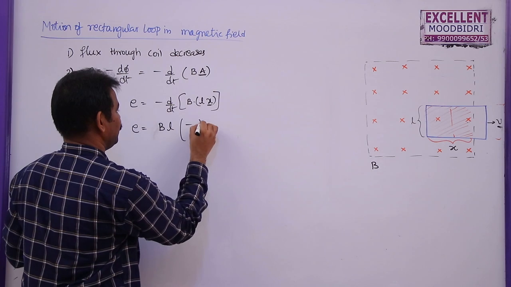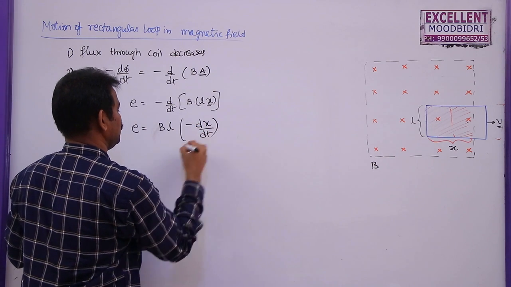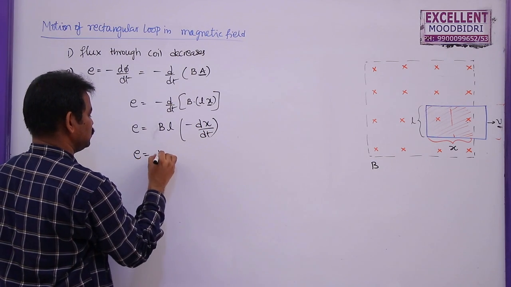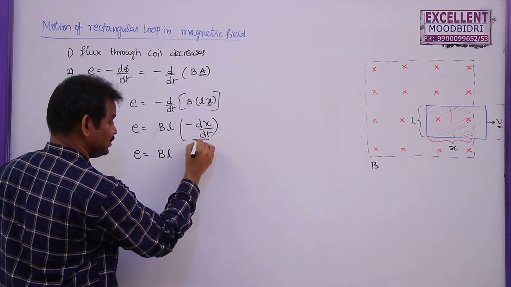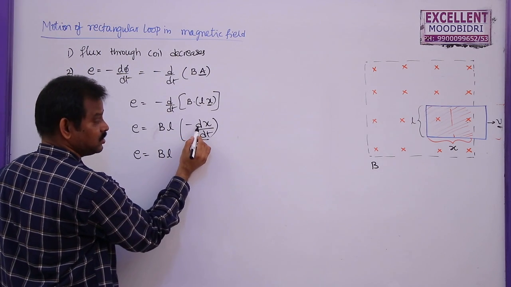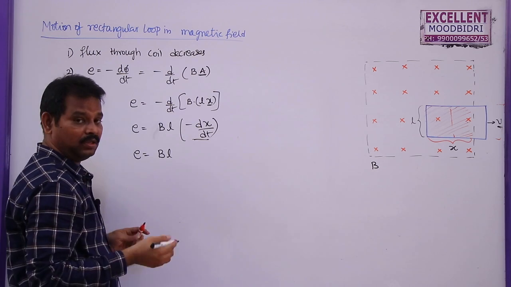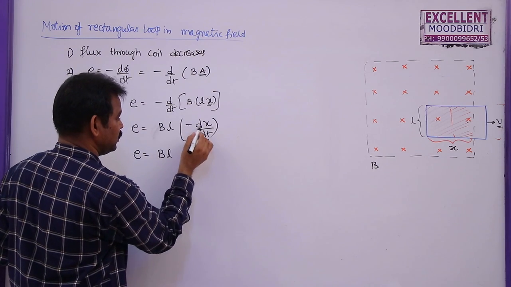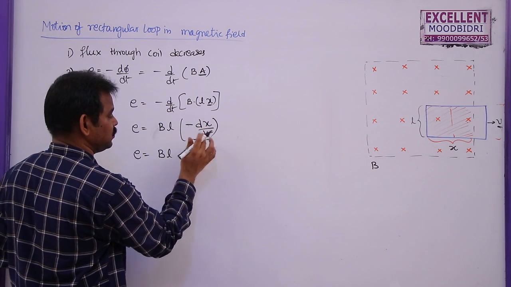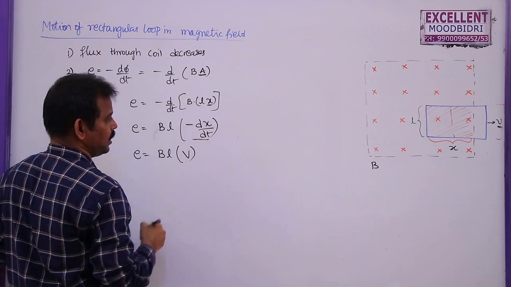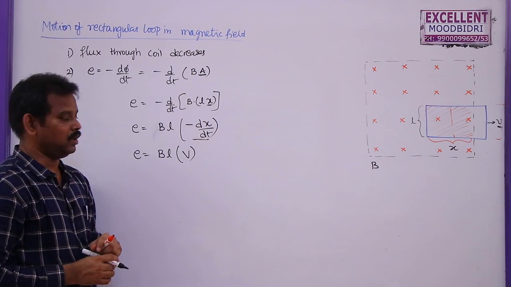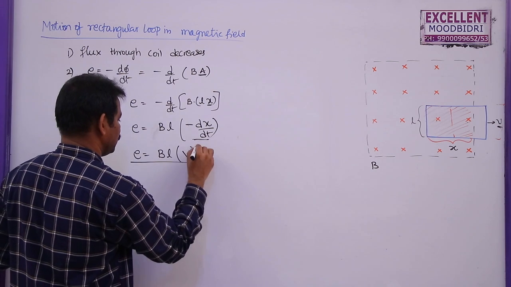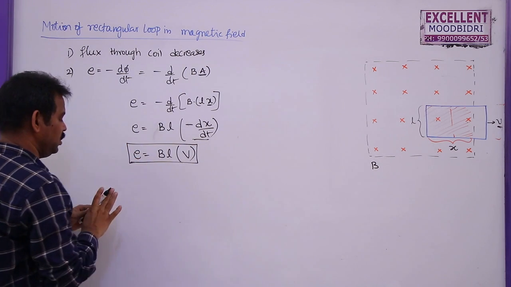The minus sign indicates that x is decreasing with time. And dx by dt is nothing but the velocity with which the loop is pulled out. So this EMF is given by E equals B L v.